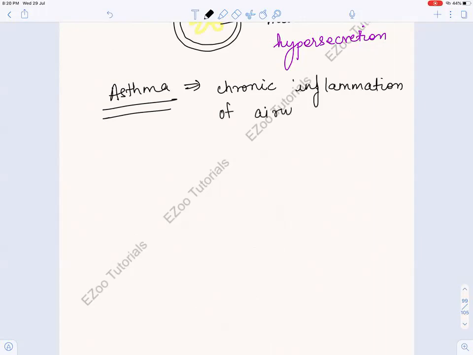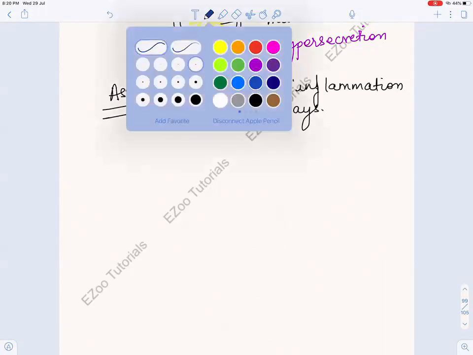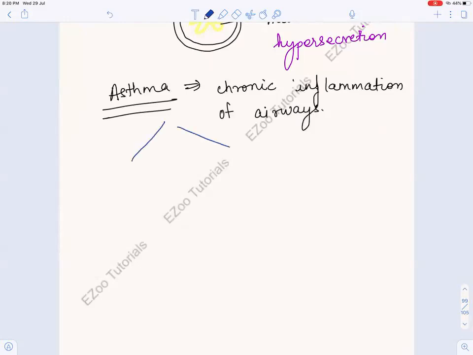You might have heard people saying he's very allergic to pollen, she's very allergic to this, that she can't breathe if there's a lot of pollen. Whenever there's wheat cutting going on, there's difficulty in breathing. So what is this asthma? Let us try to understand.